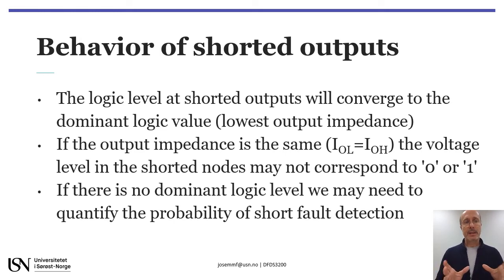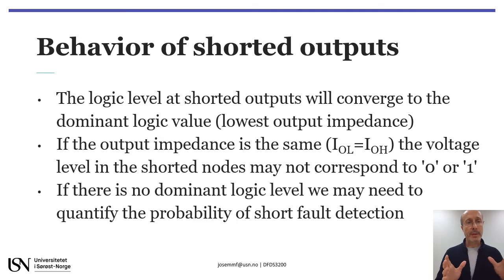But keep in mind that this also depends on the number of outputs that are shorted together, because several outputs at 1 may give out enough current to override a single output at 0.